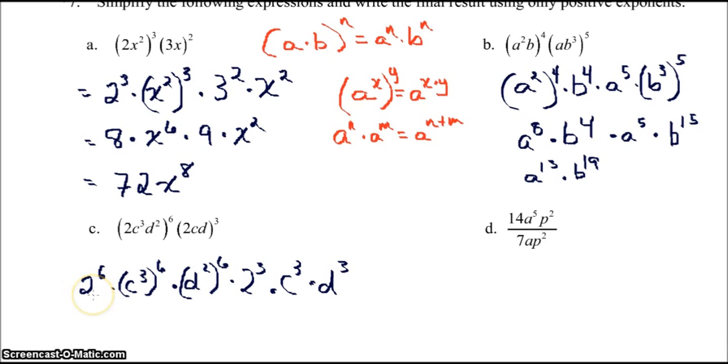Then 2 to the 6th, 64. C cubed to the 6th is 3 times 6, 18, c to the 18th. This is d to the 12th. 2 cubed is 8. And we have still a c cubed and a d cubed.